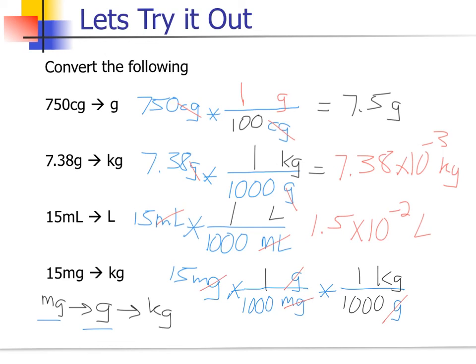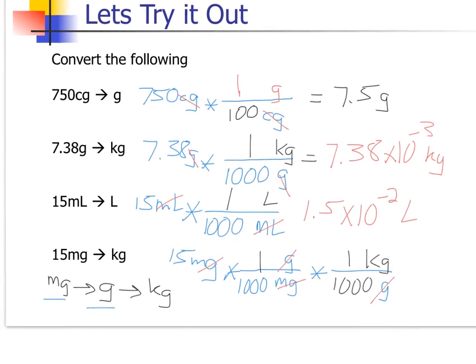We'll do that. And so I have 15, and I can move the decimal place over 3 times, and then again move the decimal place over 3 times, and I see that I get a very, very small number, and I'm like, well, that doesn't make sense. So why don't I use scientific notation? And so I do.